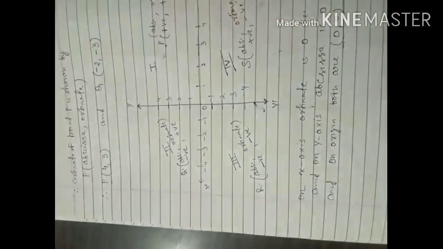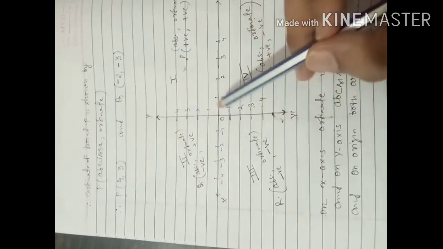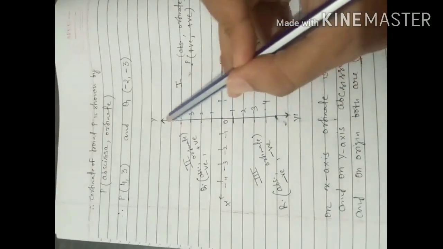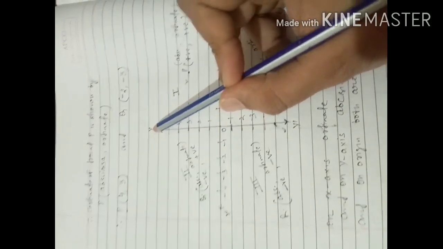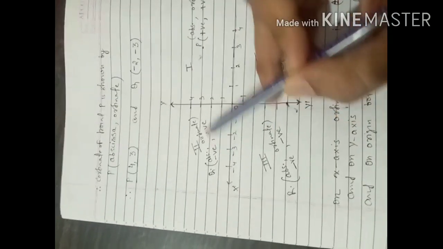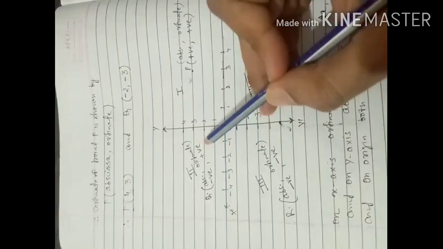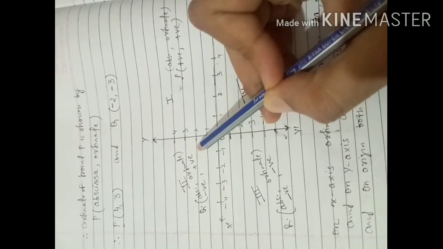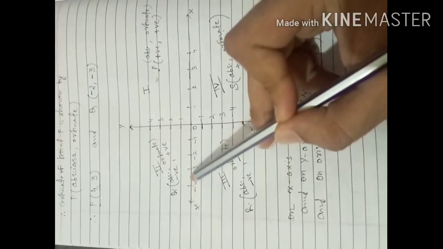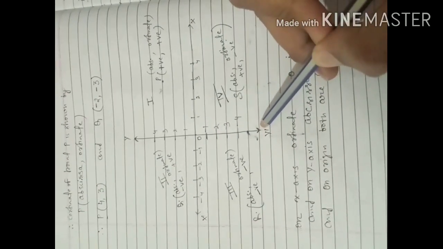Let us consider our second quadrant. In the second quadrant we are going along the negative x-axis and positive y-axis. So here in the second quadrant the abscissa is negative and the ordinate is positive. In the third quadrant we are going on the negative side of the x-axis and the negative side of the y-axis.